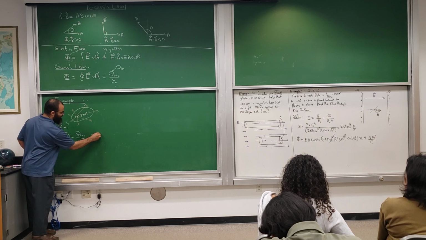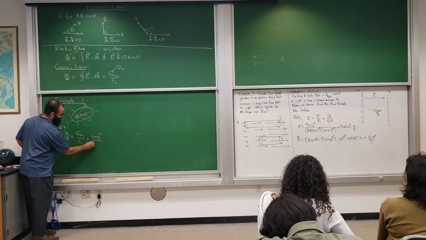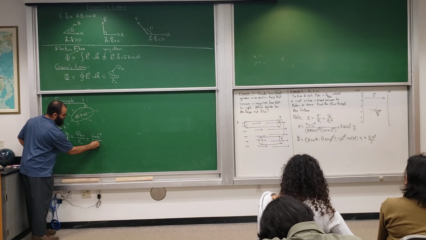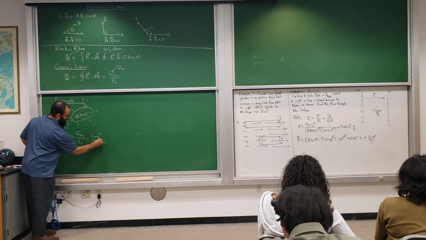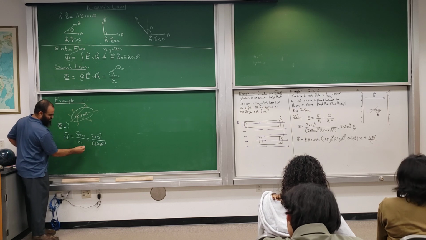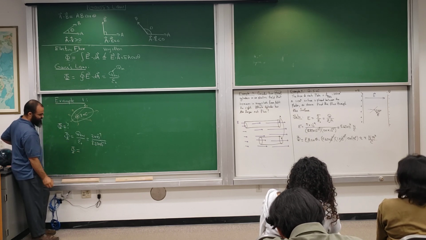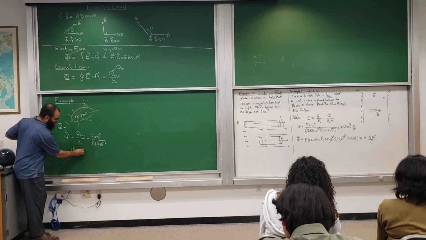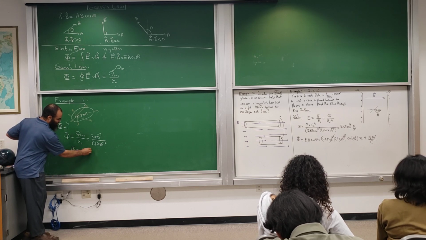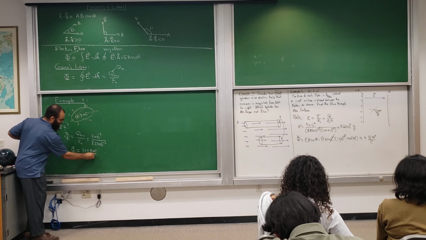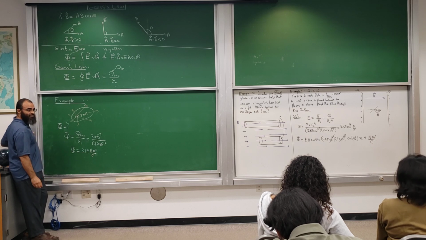Nano means 10 to the minus 9, over epsilon naught, which is 8.85 times 10 to the minus 12. I don't know what this number is. Can someone do it and tell me what you get for flux? 339. Thank you. Newtons meters squared per coulomb. Okay. That's the flux.